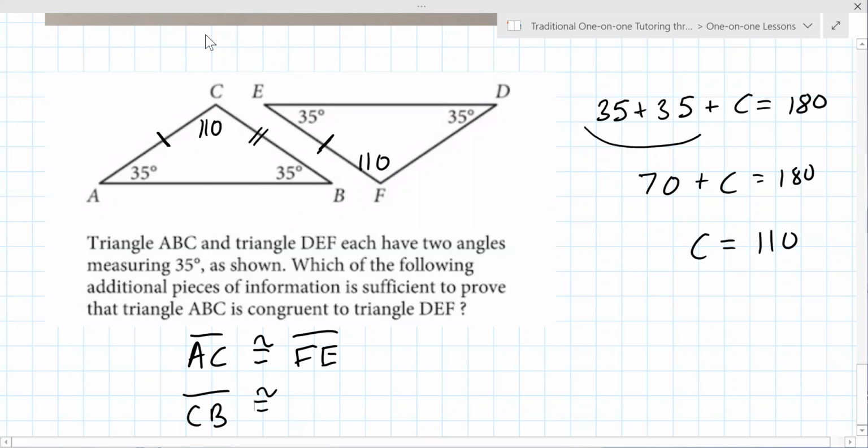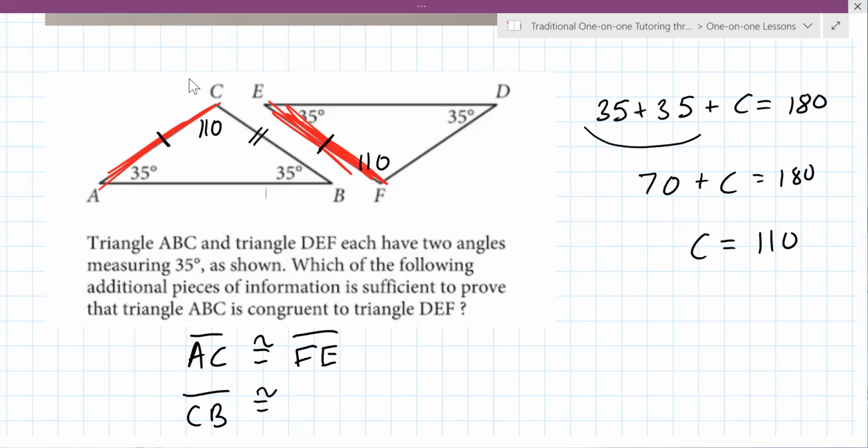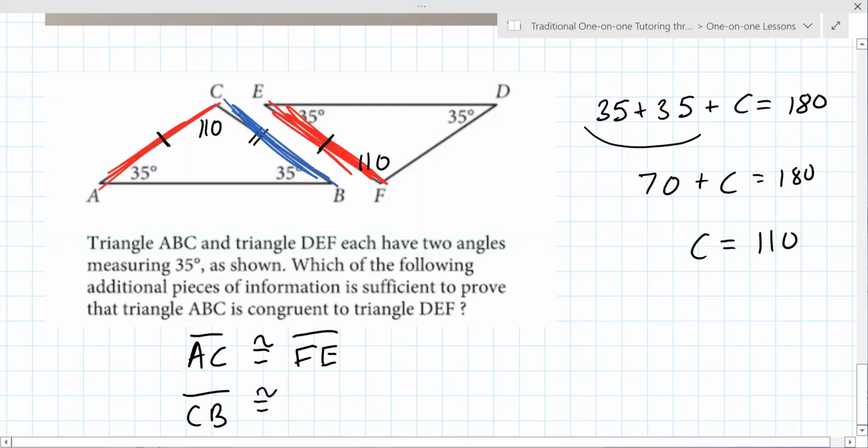Let me use some colors here. So AC is the same as FE. Now I'm asking you about CB.